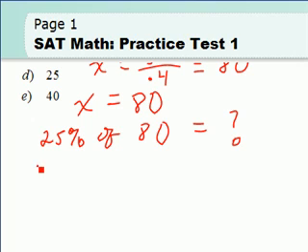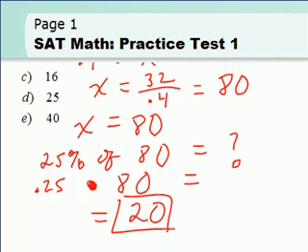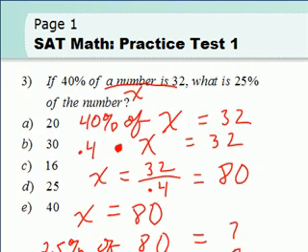So 25% is 0.25. Of, again, means times 80 is equal to what number? Again, you can use your calculator to multiply 0.25 times 80, and that is going to be equal to 20. So the answer here for problem number 3 is 20. The answer is letter A.